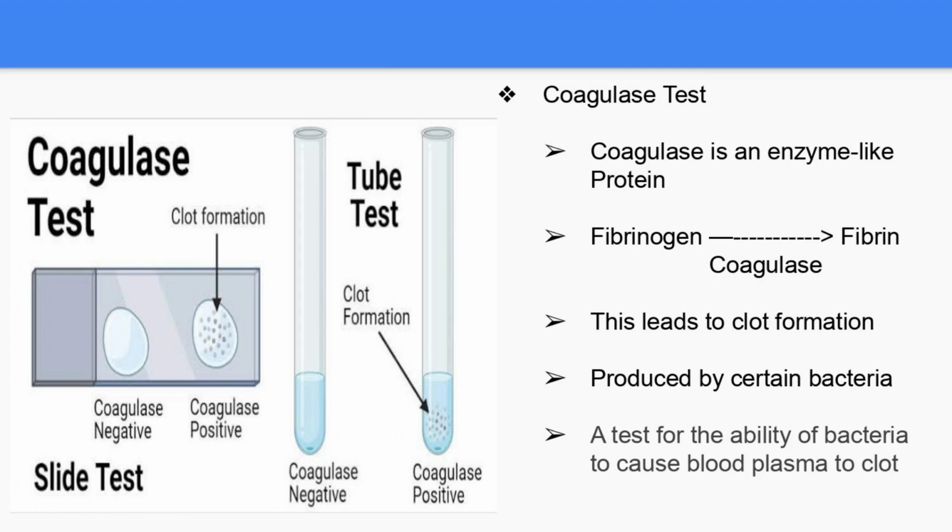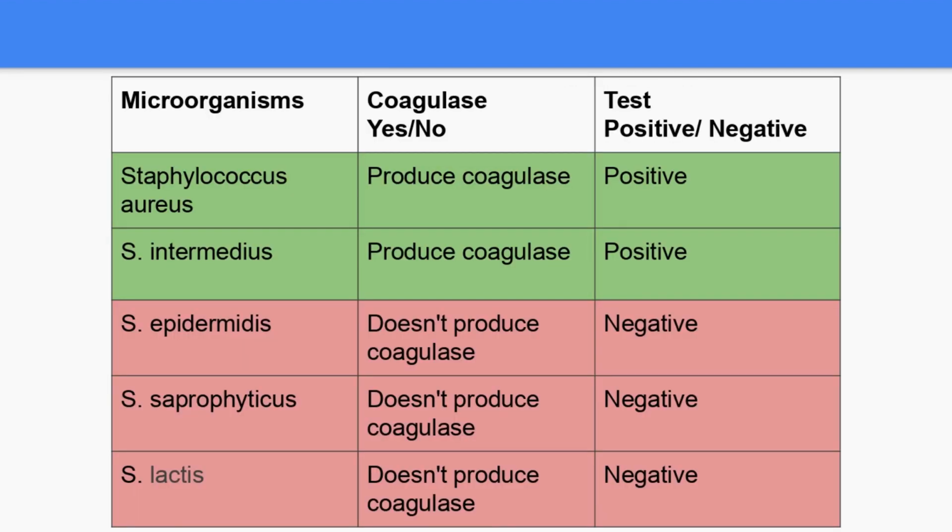That is, coagulase test is a test used for detecting the ability of a bacteria to produce clot in blood plasma. Bacteria in Staphylococcus genus are classified into 2 groups.